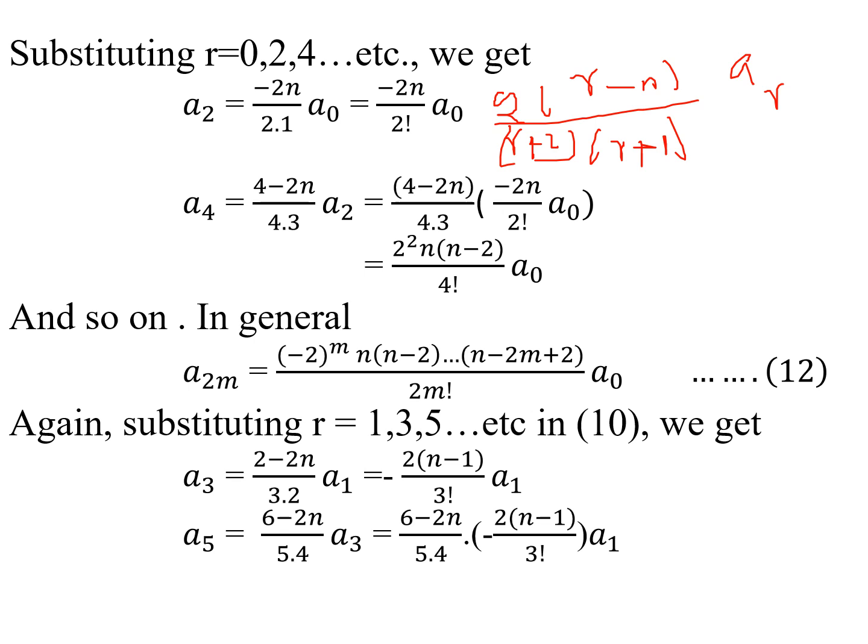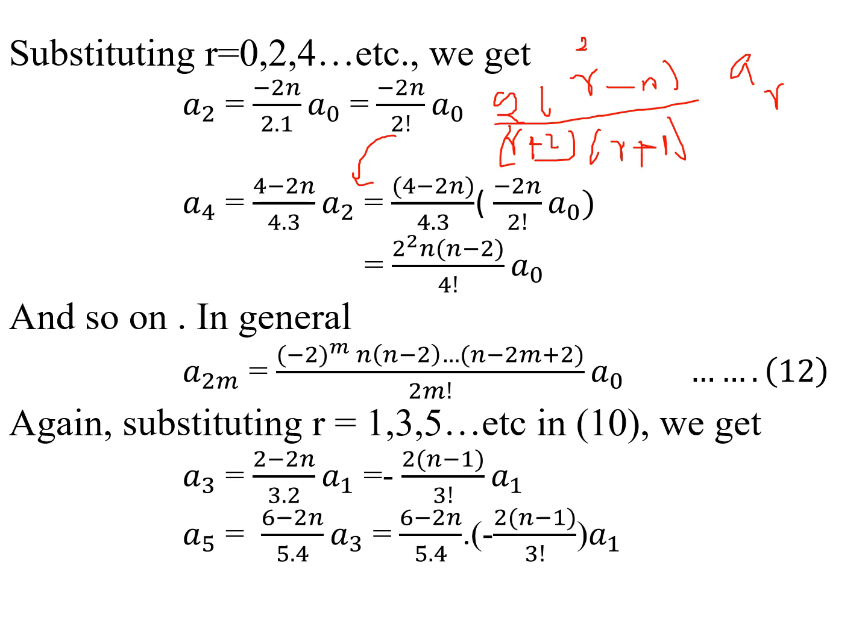Again, put r is equal to 2. a(r+2), therefore a4. If we are putting r is equal to 2, means 4 minus 2n divided by, this is 4, this is 3. Therefore, 4 into 3 into a2. Therefore, again substitute a2 from here.